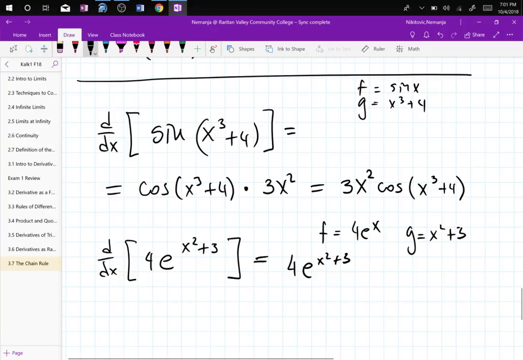So it's literally Control-C, Control-V on that one, right? Times the derivative of the exponent, which is just 2x. So 2 times 4 is 8, and the answer is 8e to the x squared plus 3.